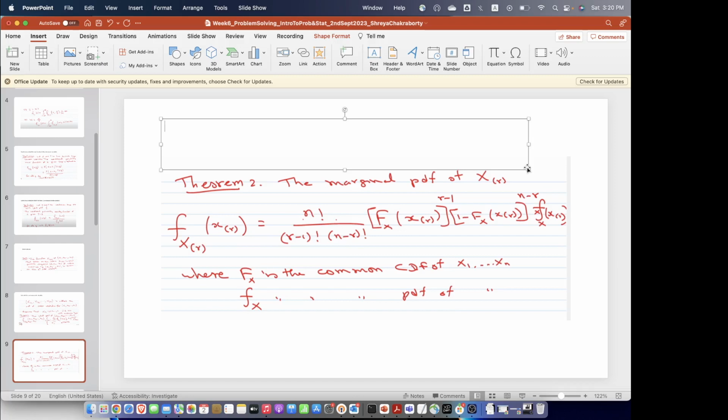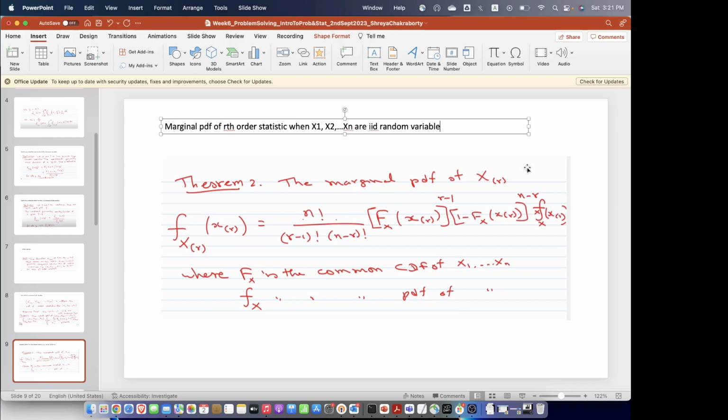So this theorem essentially gives us the marginal PDF of X order r, that is the rth order statistic, when X1, X2, ..., Xn are IID random variables.